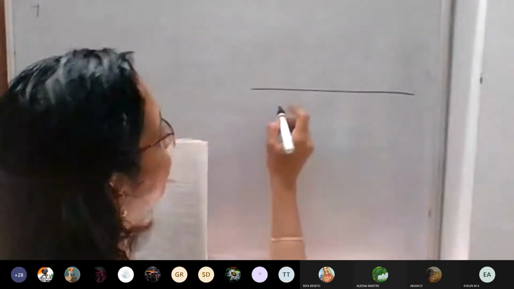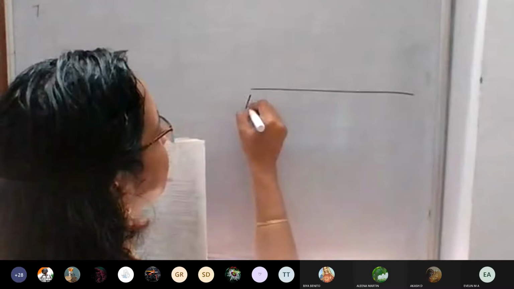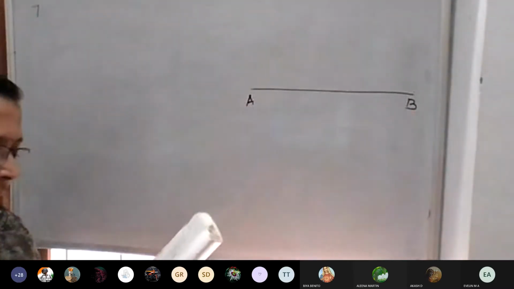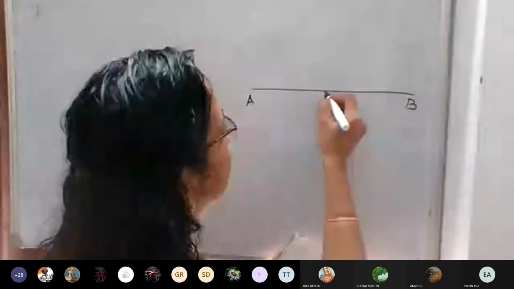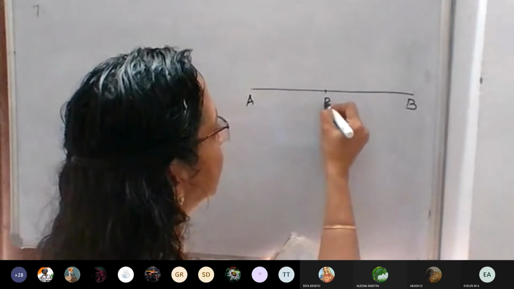A line segment AB is bisected at point P. Read the sentence and draw the figure. Bisected means equal, no? At point P, the lengths will be equal.